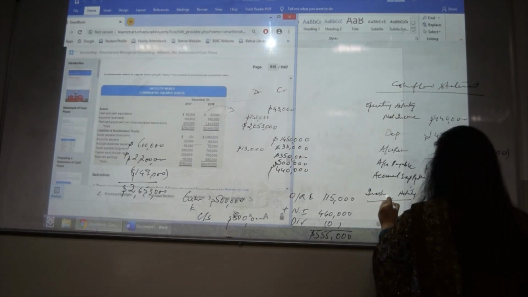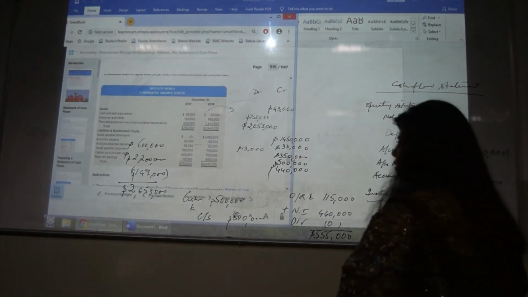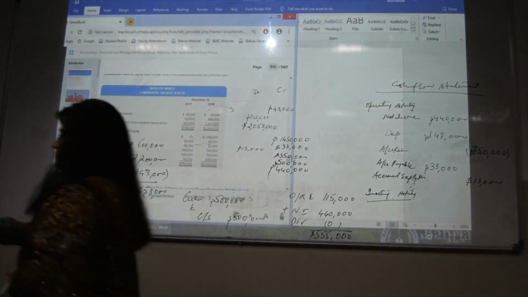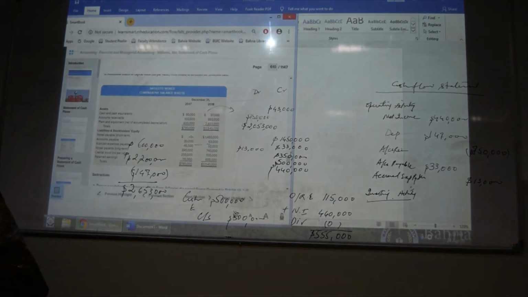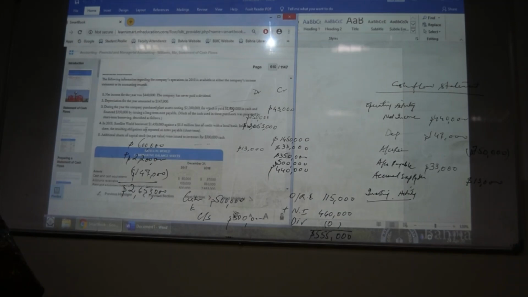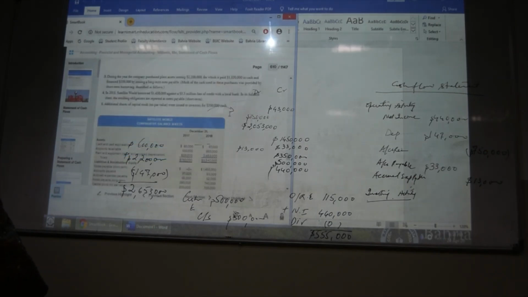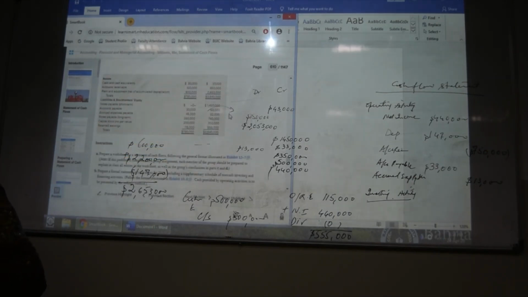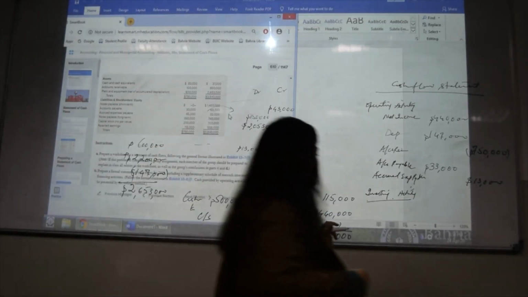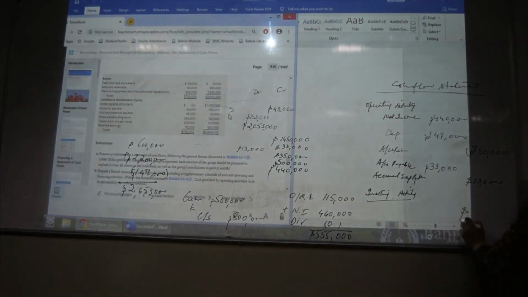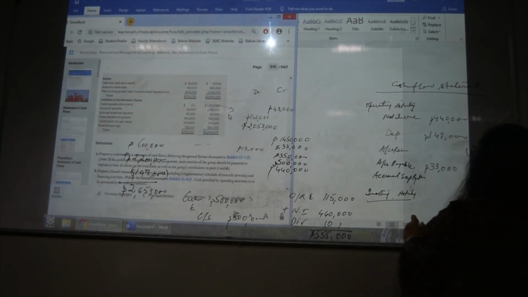One investing activity was the disposal of plant asset. Oh yes, 1,850,000 in cash. So we have an outflow of 1,850,000 in cash and 0 here.